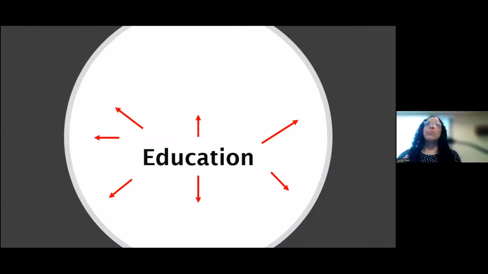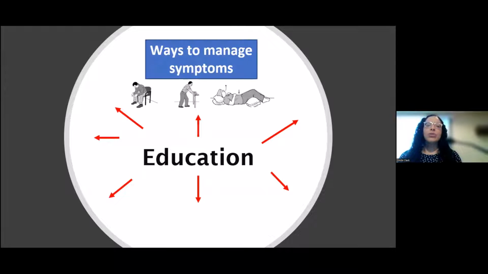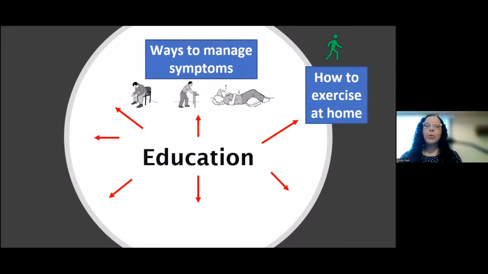The goal is to implement lifestyle changes after the program and continue with those lifestyle changes. So certainly ways to manage symptoms, different tips and tricks I've talked about, how to exercise at home. So everyone who goes through the program would get home recommendations as well, or a home exercise program to continue with.